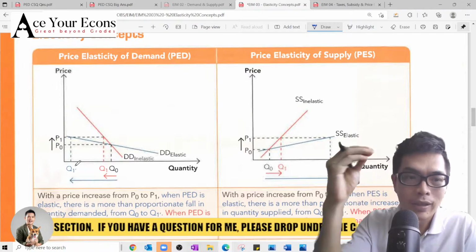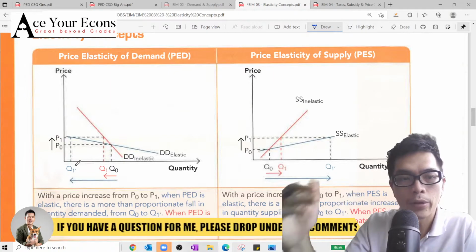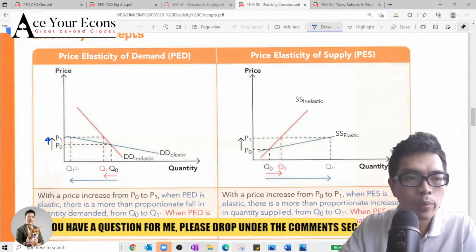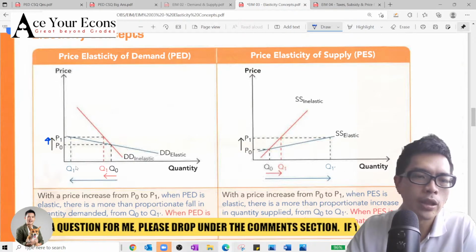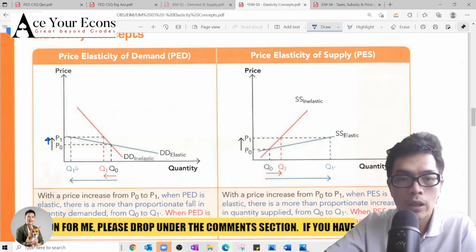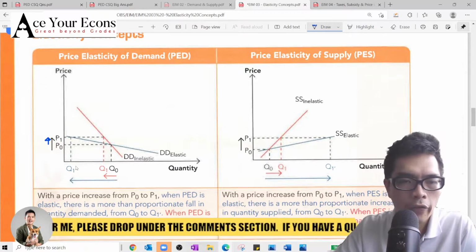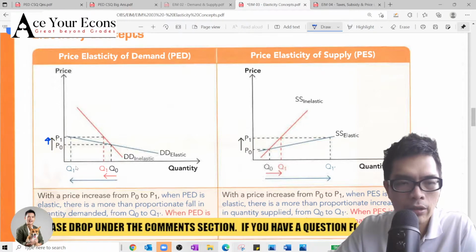One is more sensitive and one is less sensitive. With a given increase in price, the blue will experience a more than proportionate fall in quantity demanded because of its shape. It is more flat, more gentle. If it's relatively more inelastic, it will fall less.